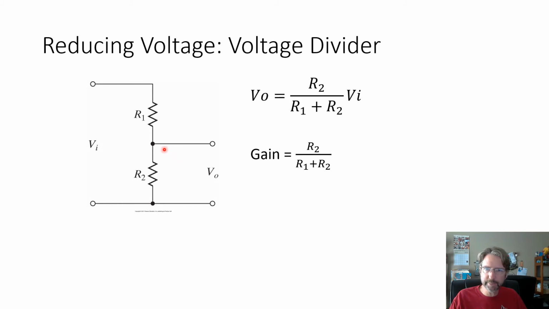This is a really easy circuit to analyze using node analysis. You could do this in one shot, and you'll find that the output is R2 over R1 plus R2 times the input voltage. So this is the gain here in terms of our resistors. You can choose whatever resistors you want to get the gain you need.